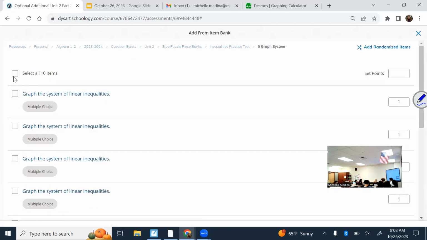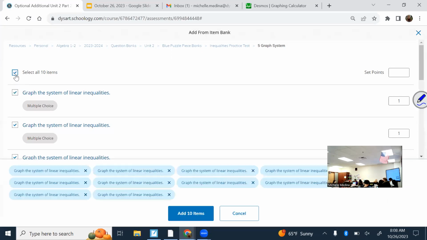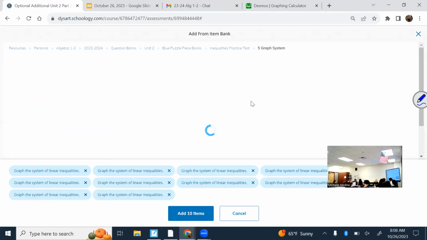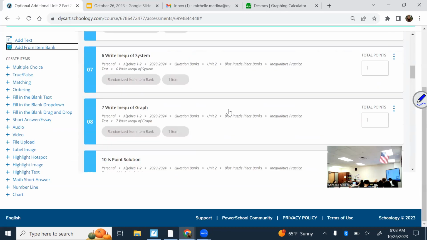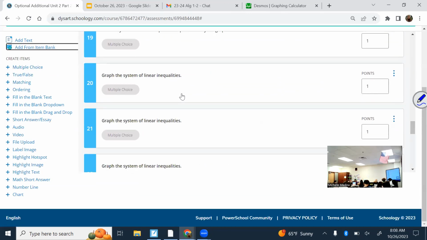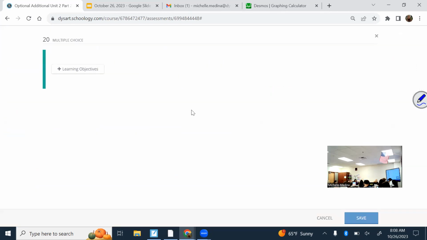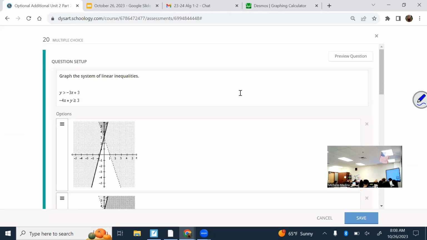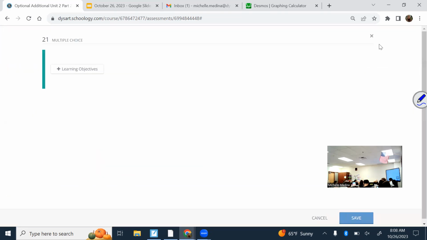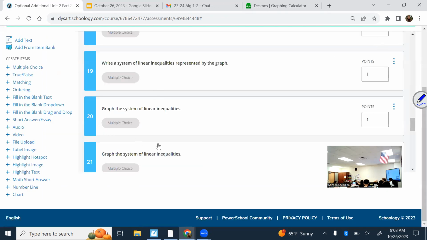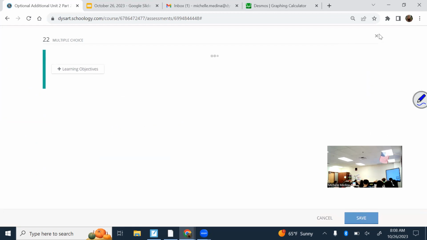It says graph the system of linear inequalities. Okay. So let's see. And it's x plus y.